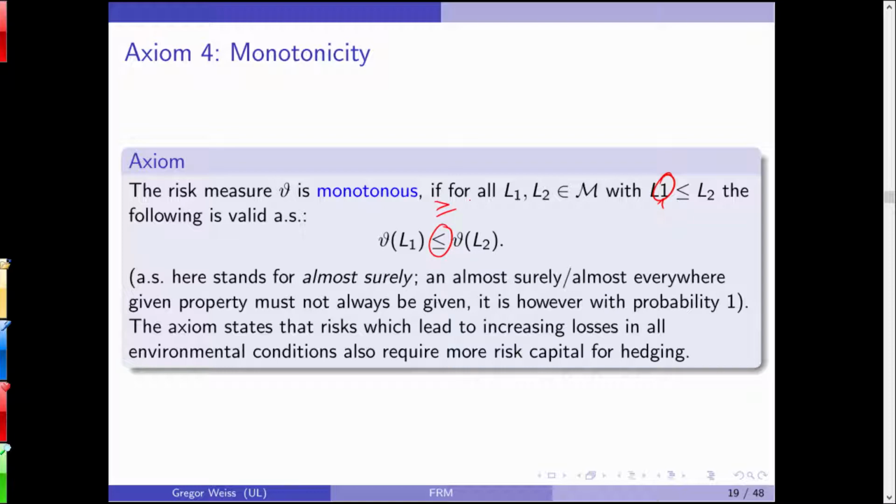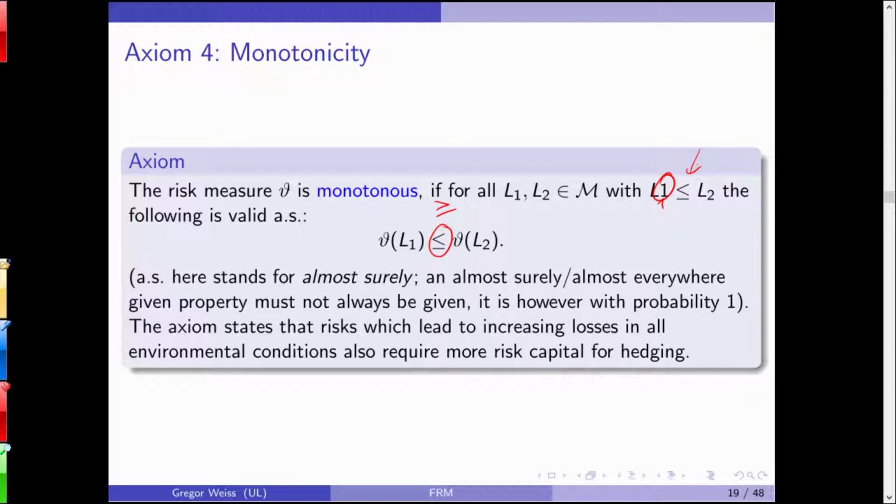What does monotony mean? First of all, you have to be careful with this here. In probability theory, there are several ways of defining inequalities for random variables, and this is the most strict one. If L1 is less or equal than L2, this means that in any scenario, in any case, L1 is less or equal than L2.